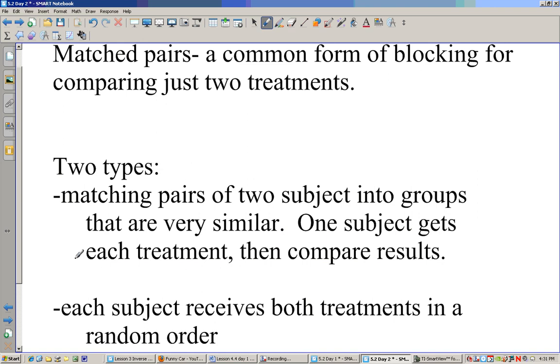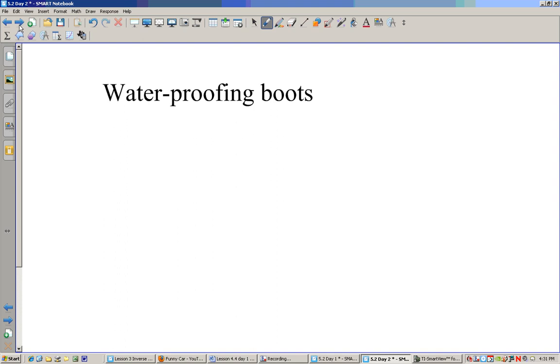In the other type, each subject receives both treatments in a random order. First one person gets it and the other doesn't, and then they switch the order, and then they can compare how things worked out.